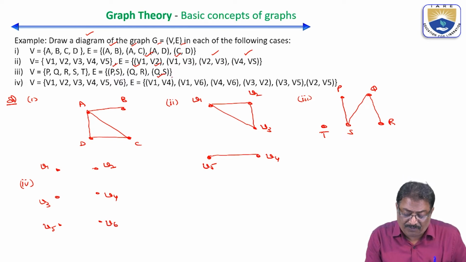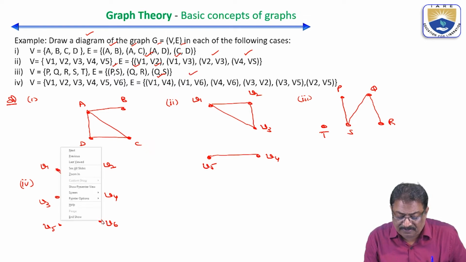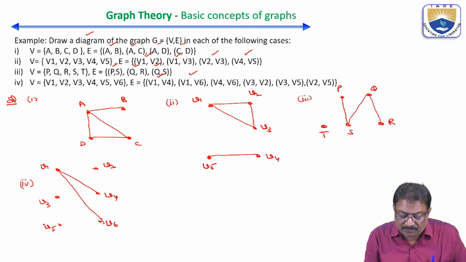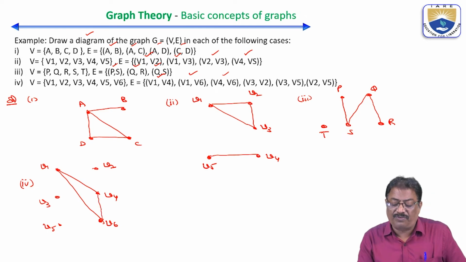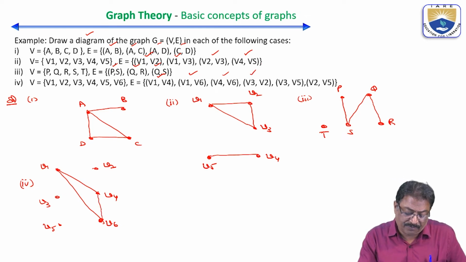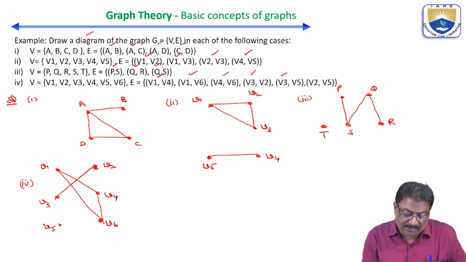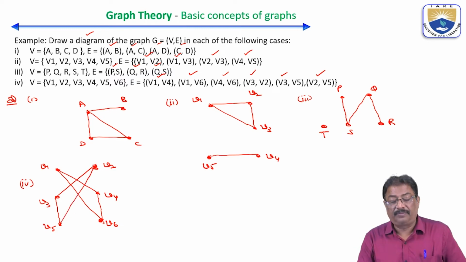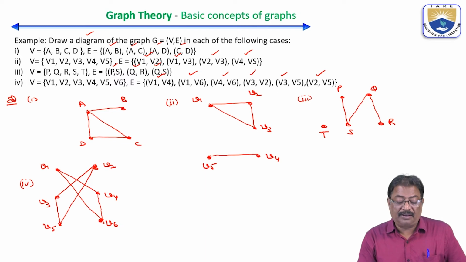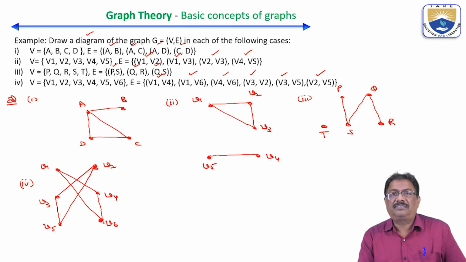Now the edges: V1 to V4, V1 to V6, V4 to V6, V3 to V2, V3 to V5, then V2 to V5. So this is the other graph. These are just simple vertices and edges.